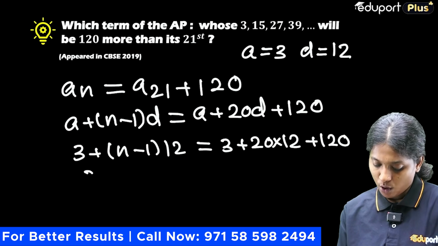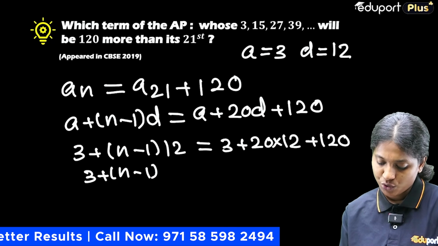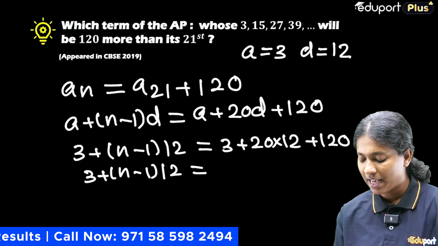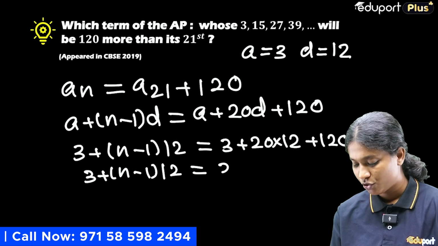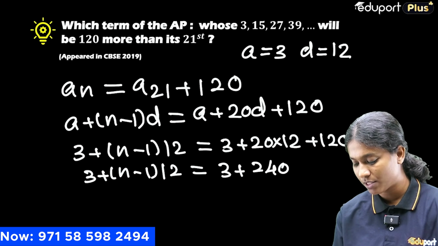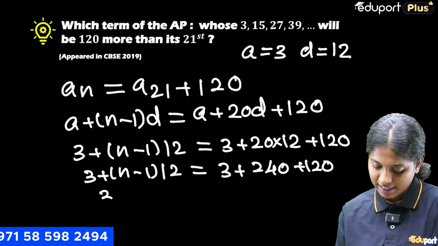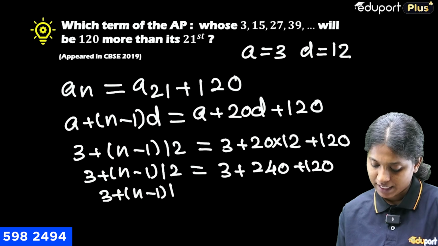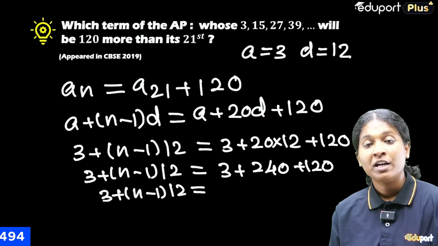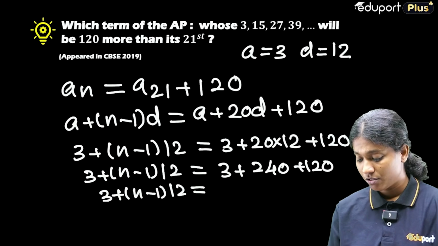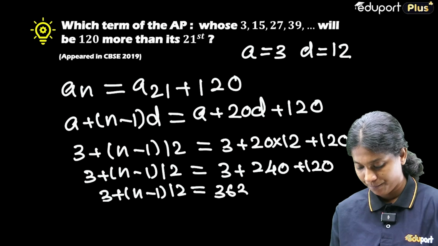Okay. Now, 3 plus n minus 1 into 12 is equal to 3 plus 20 into 12, which is 240. So, 3 plus 240 plus 120. So, 3 plus n minus 1 into 12 is equal to 240 plus 120, which is 360. So, 360 plus 3, 363.